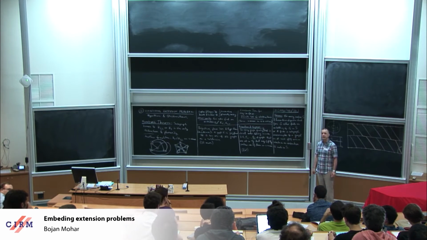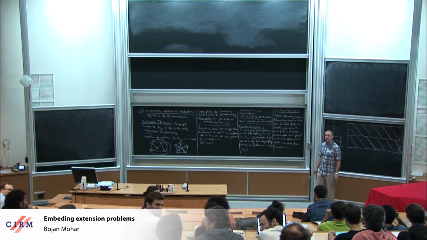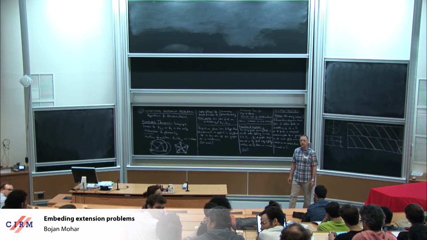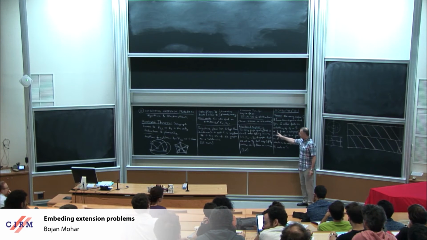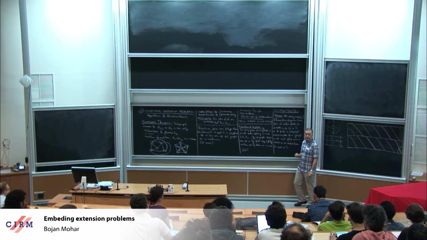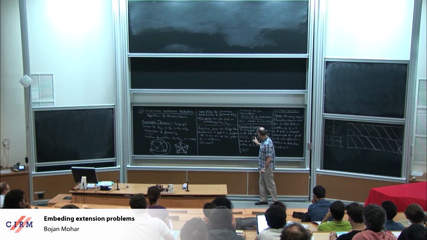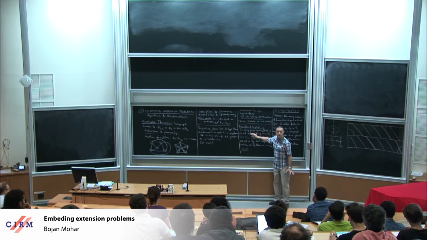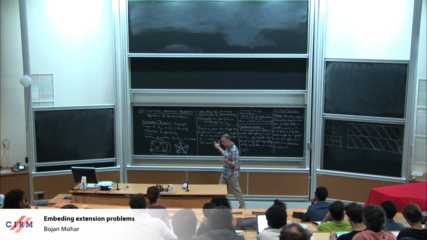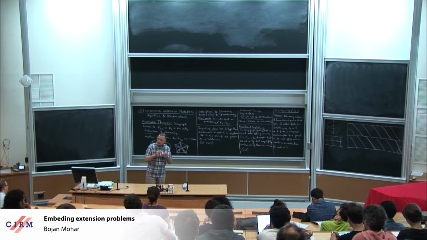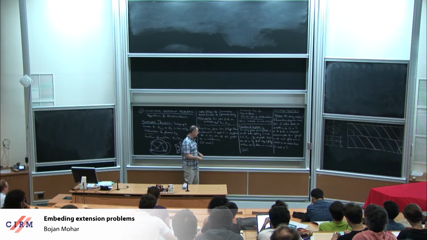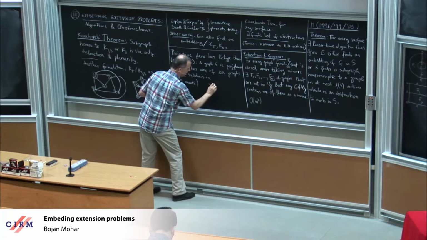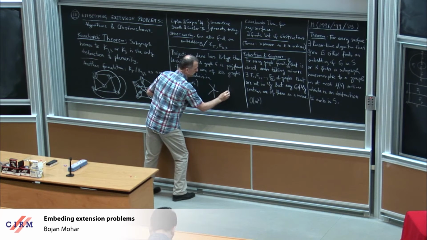Yes? One question, does the Robertson-Seymour also imply that there is a finite list of forbidden subdivisions? Yes. I didn't say that, but it is true that if you have a finite list of forbidden minors in a minor closed family, all you can do is take all graphs which contract to these graphs. So basically you uncontract vertices. If you have a vertex of degree maybe 5, you uncontract it in all possible ways.